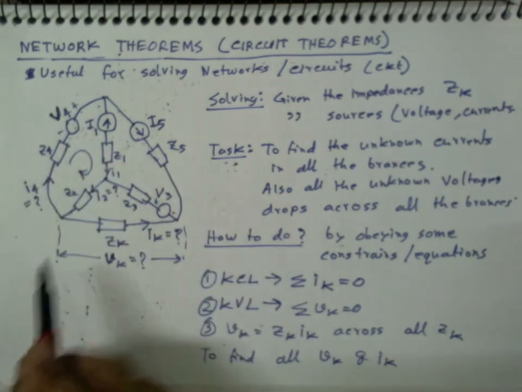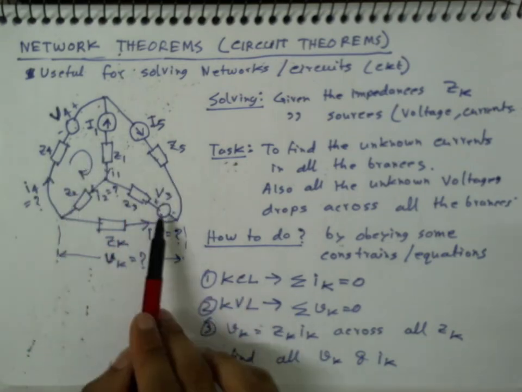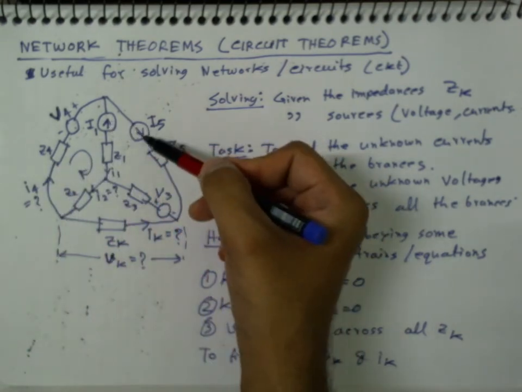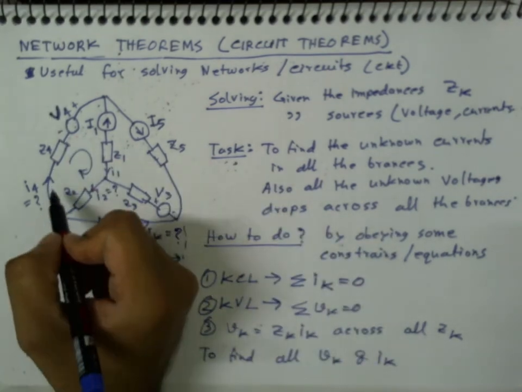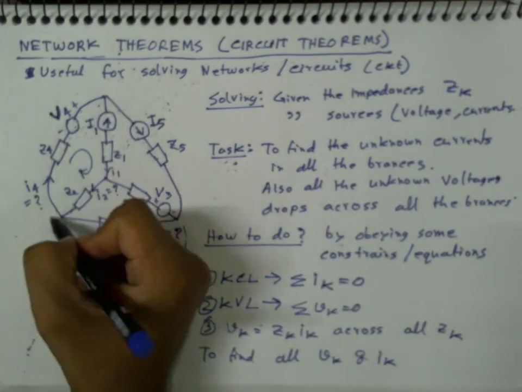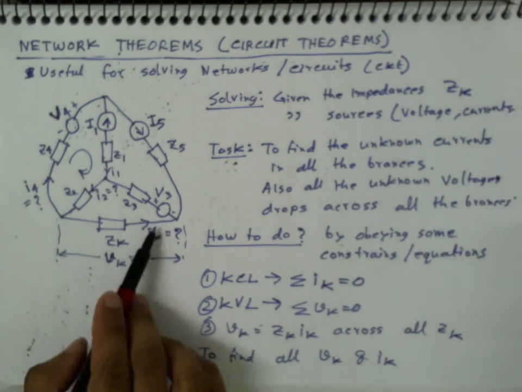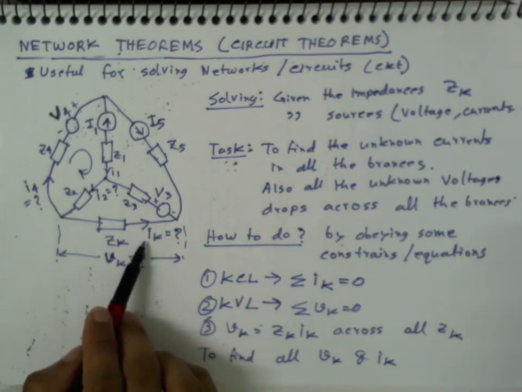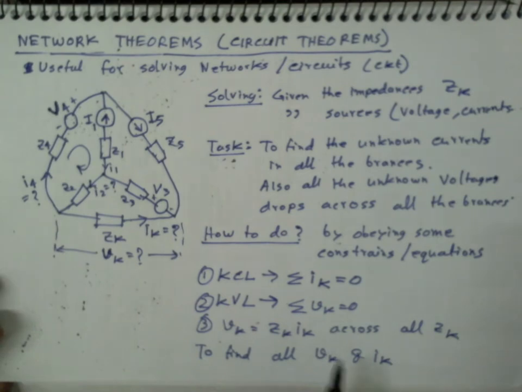In other words, if I make this circuit with these impedances, these values of current sources and these values of voltage sources, then the current that will flow through this branch will be I4, as found by solving this set of equations. The current that will flow in this branch will be Ik, as found by solving this set of equations. So that's what solving a network is.